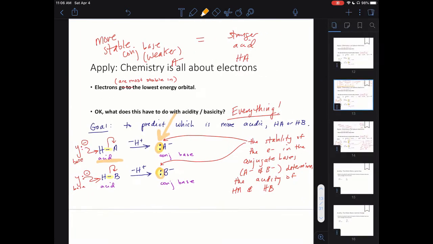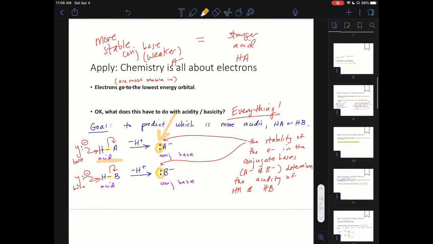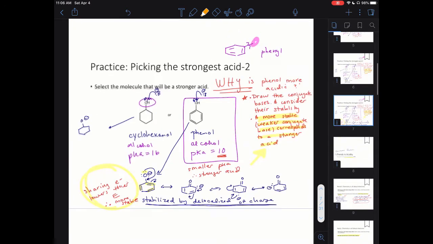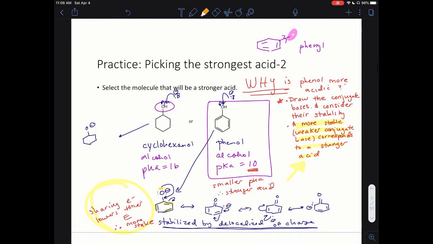So we've already actually seen that. We saw that with phenol versus cyclohexanol. The electron pair in phenoxide was lower energy because it was spread out, right? It was delocalized as shown in these resonance structures. So the lower energy conjugate base corresponded to the stronger acid.